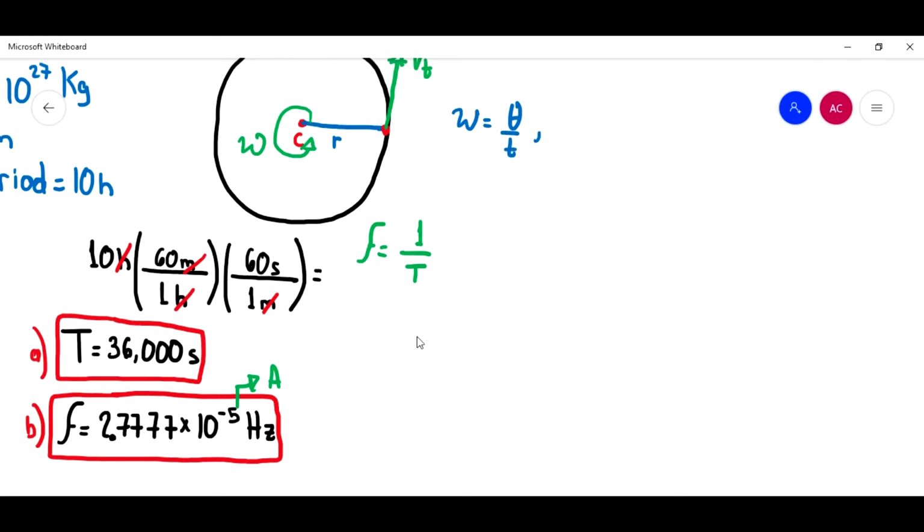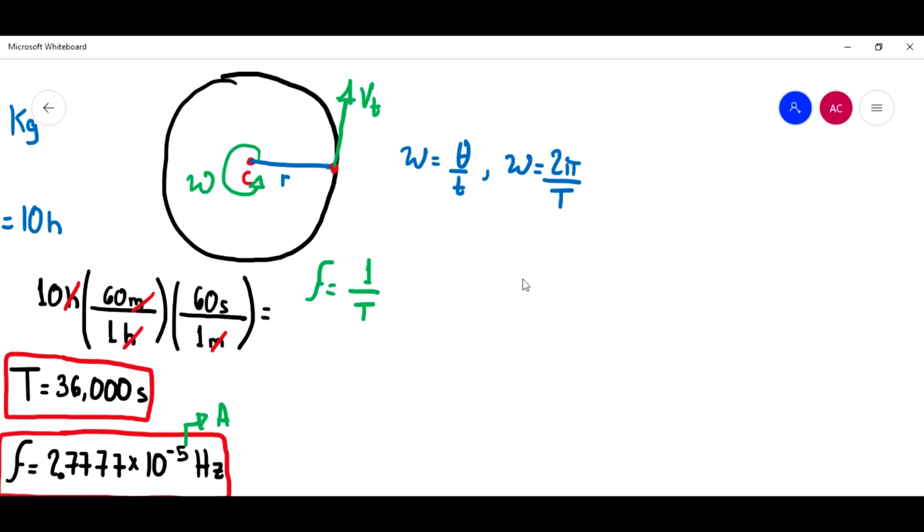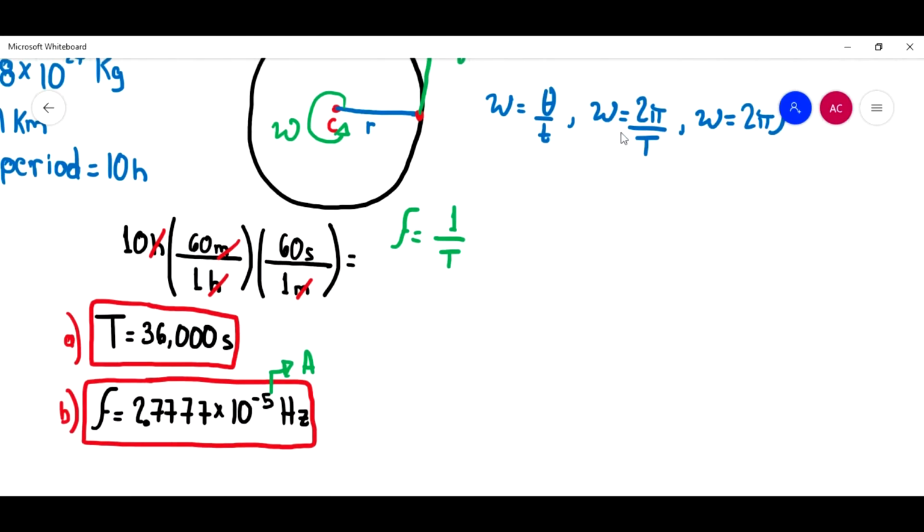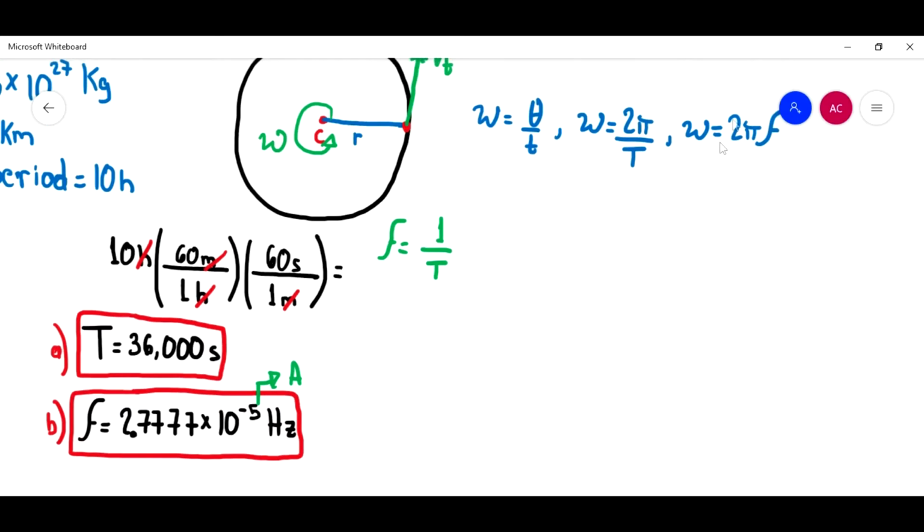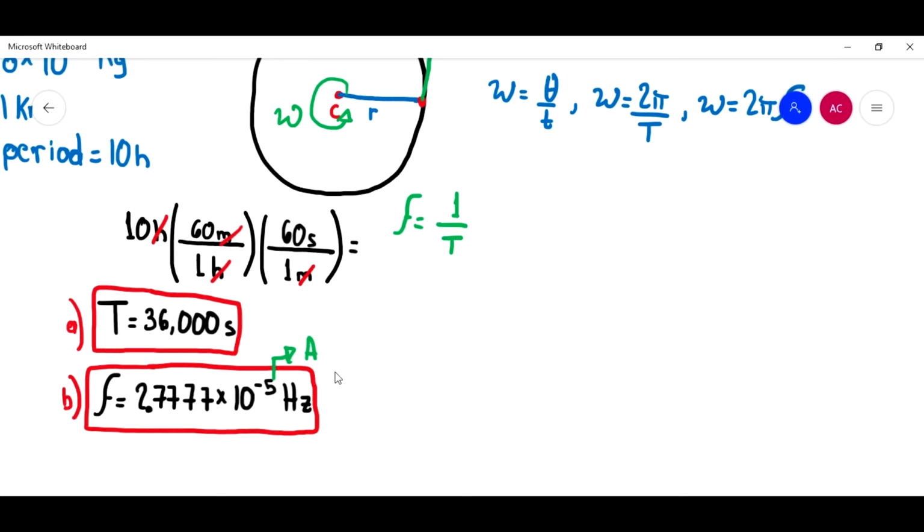Another one was 2π over the period, and another one was 2π times the frequency. Right now I can use this equation because I have the period, or I can use the frequency, this one, because I already found the frequency.